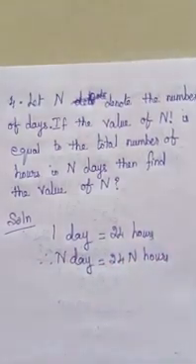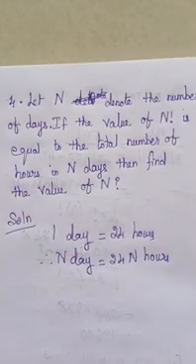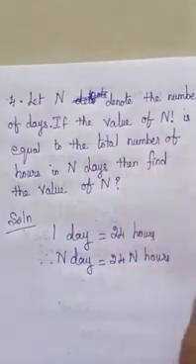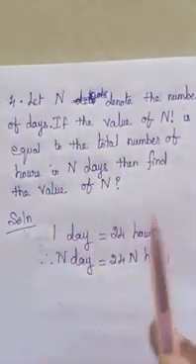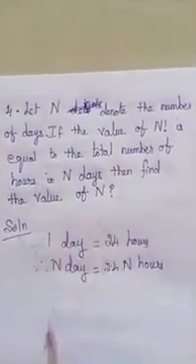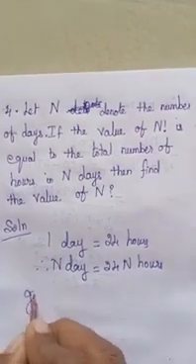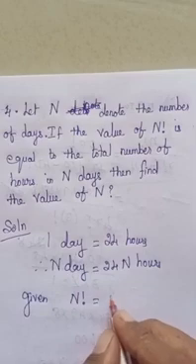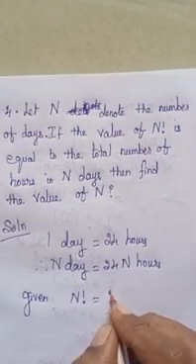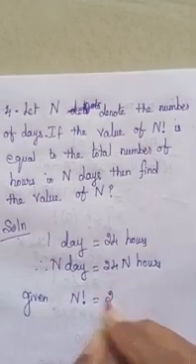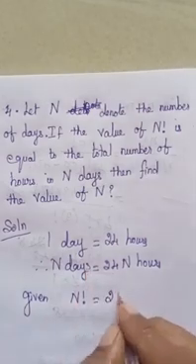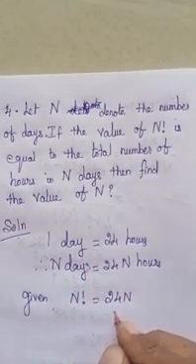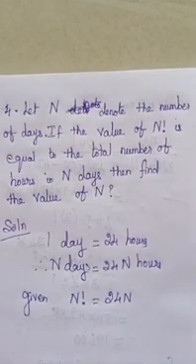Correct? Okay. Now the question given: n denotes the number of days, and the value of n factorial is equal to the total number of hours in n days. So I can write, given n factorial is equal to the total number of hours in n days. For n days, the hours are 24n. Now we are supposed to find out the value of n.